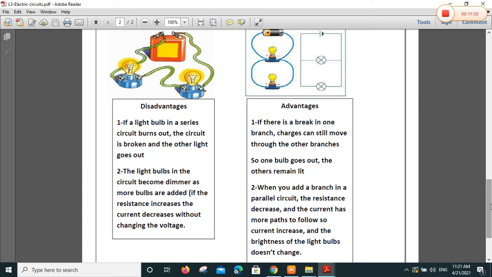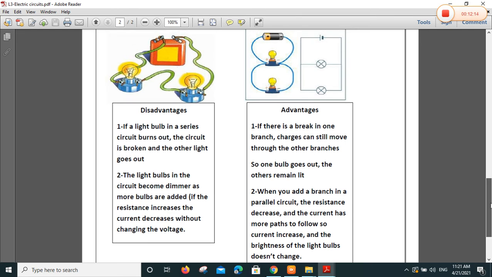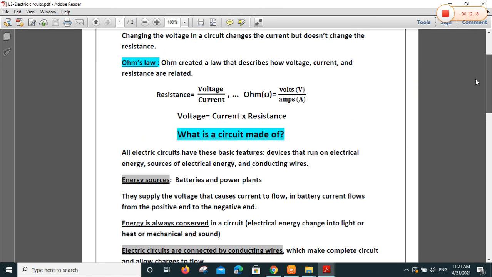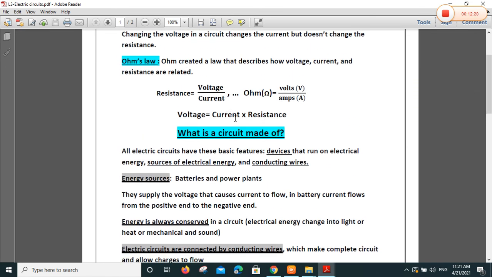If resistance increases, the current decreases. If you add more bulbs, this increases the resistance. What happens when the resistance increases? The current decreases, because we have a relation between current and resistance. If current decreases, resistance increases.